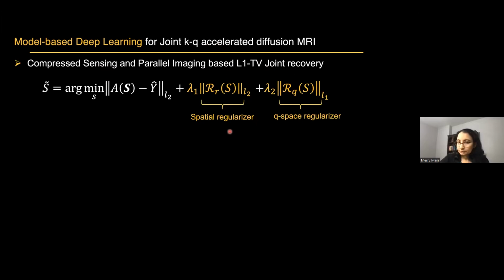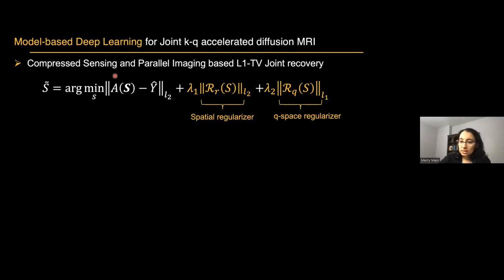We have a spatial regularizer as well as a Q-space regularizer. The spatial regularizer, in this talk, I'm going to just assume is a TV regularizer, not very important in this talk, but what we are going to focus on is the Q-space regularizer.